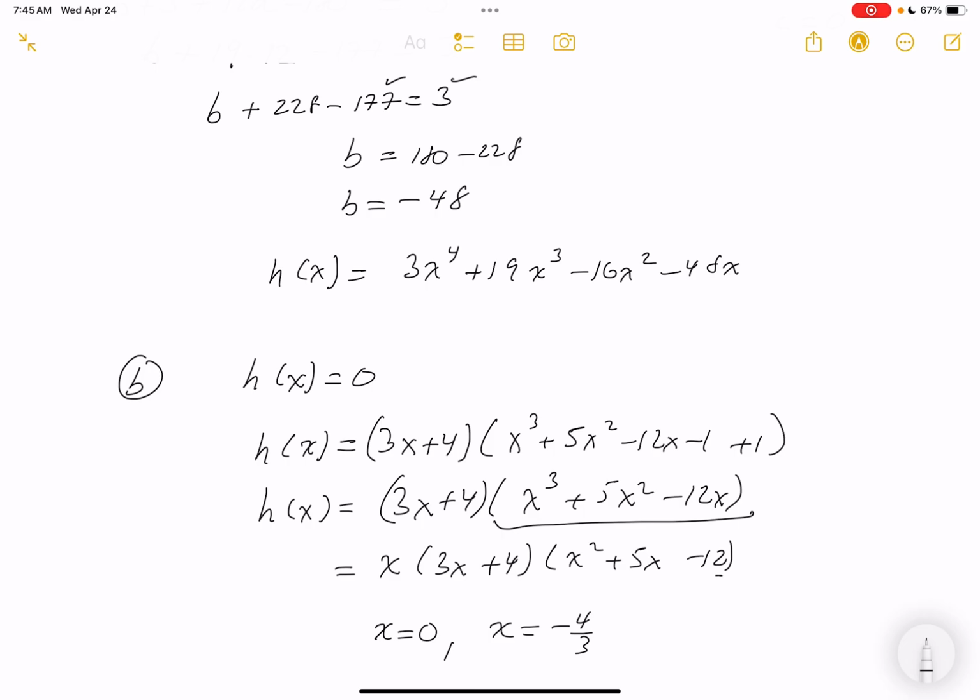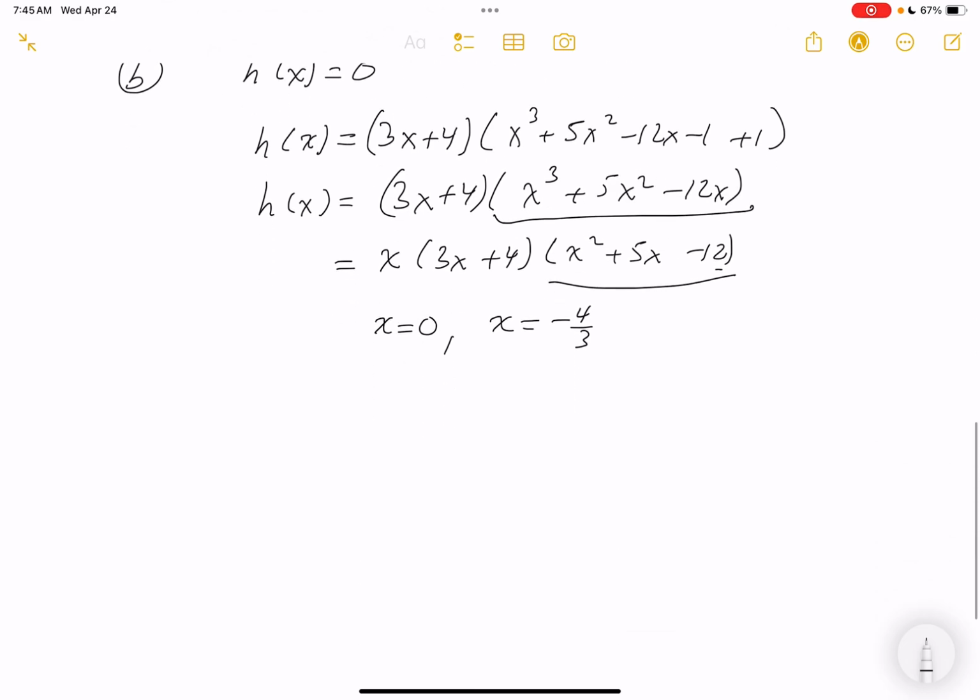But I'm left with the problem over here. And I want to just briefly go through that with you. I'm wondering when does this equal 0? Well, it's quadratic form because I can't use my fingers to do that. That's going to be minus 5 plus or minus, let's see, b squared 25 minus 4 times 1, which is 4, and then times minus 12 is going to be plus 48.